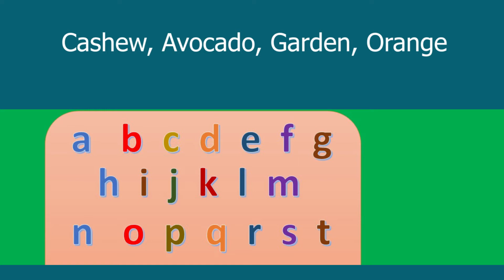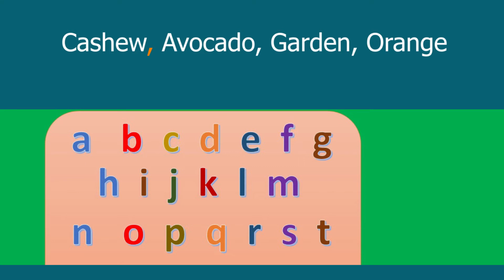After B, we have C. Do we have any word in this list with the letter C? Yes, we do. We have the word cashew. Cashew begins with C. So cashew is our second word. As we go along, we have the word garden. And finally, we have the word orange.